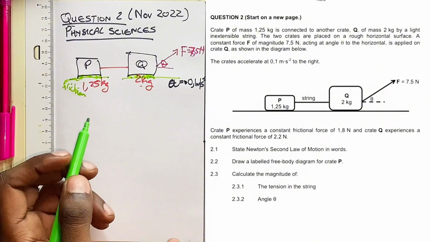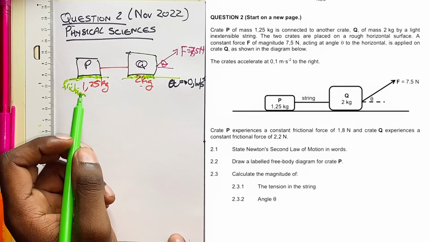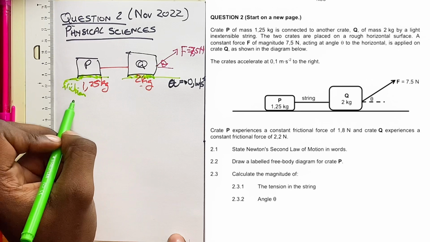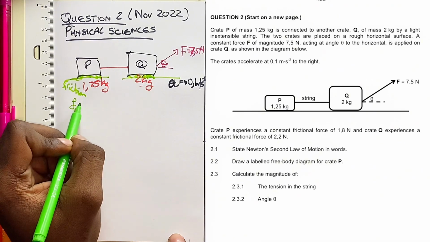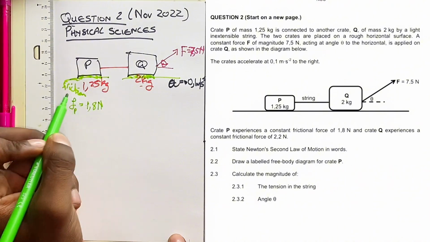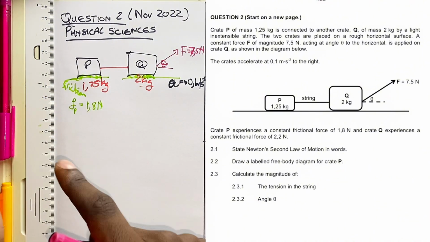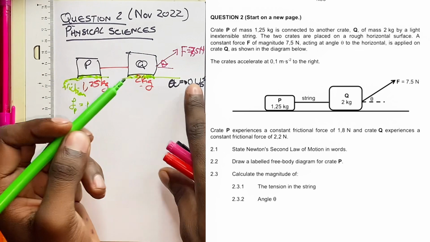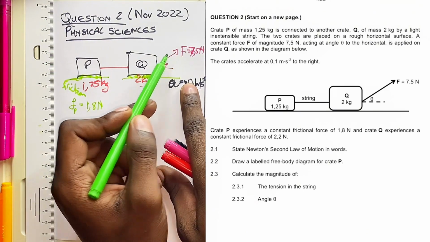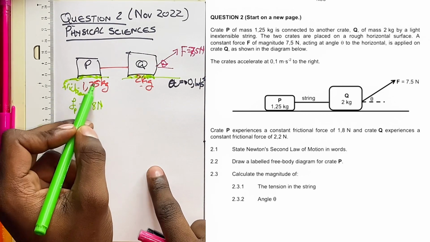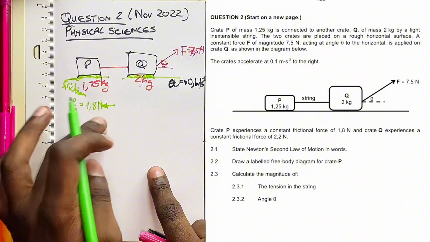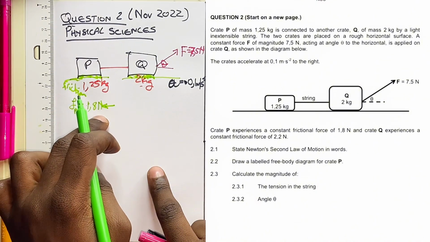Now, grade P experiences a constant frictional force of 1.8. So the frictional force of grade P is equal to 1.8 newtons. Now, if they are accelerating by 0.1 and they are being pulled by force F, that means that our friction acts in the opposite direction, which means that the friction will be in the left direction.